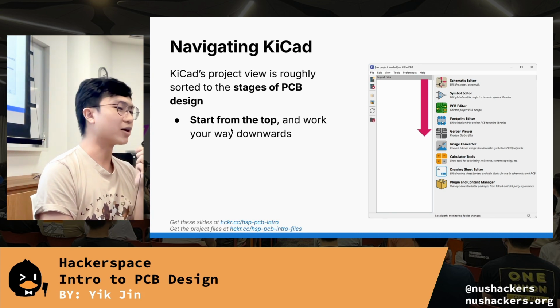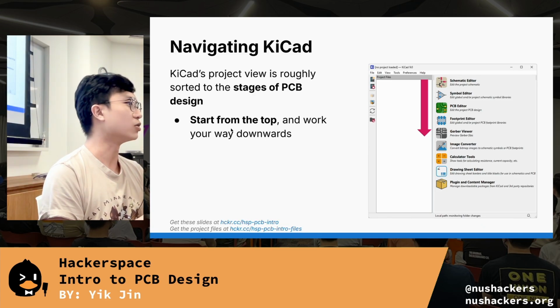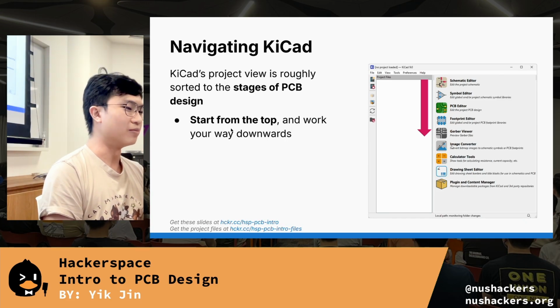Finally, you can export it all to Gerber file format. This is your production file format that you send to your PCB manufacturer, and you can preview them in the Gerber viewer. So in general, you work from top down. The bottom here are all miscellaneous tools.